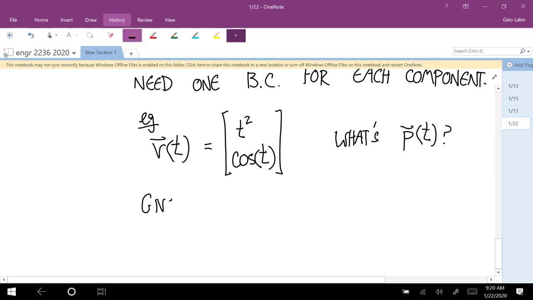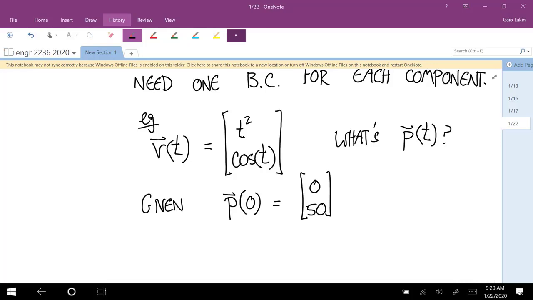Say that we're given that the position vector at time equals 0 is equal to 0, 50. When you say one boundary condition for each component, you mean the x and the y? Yeah, that's right.